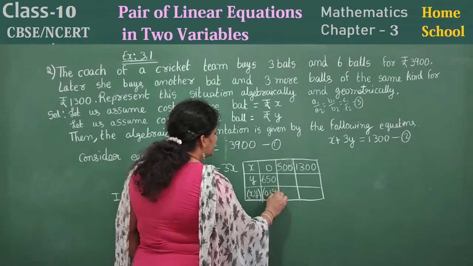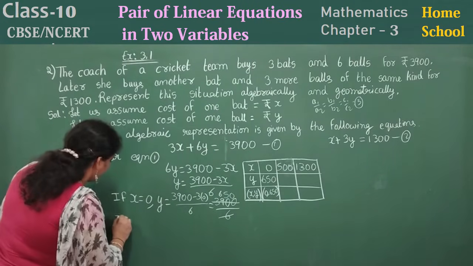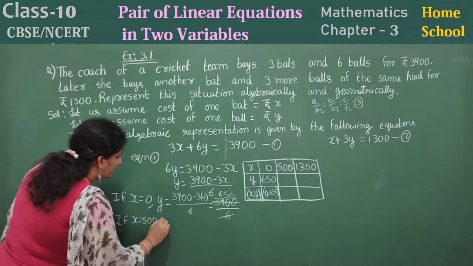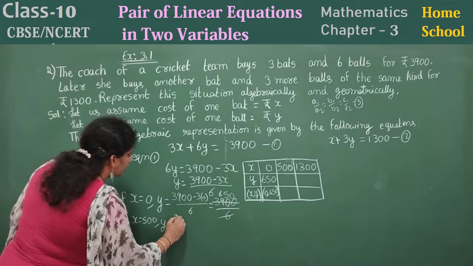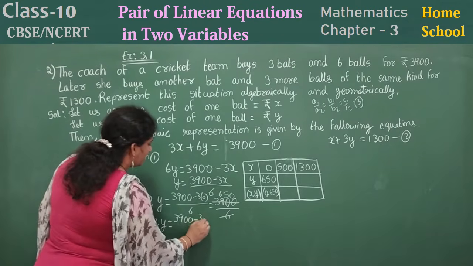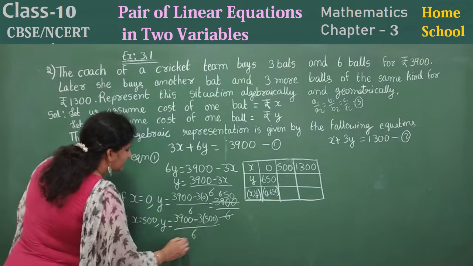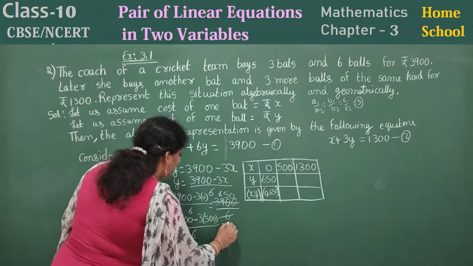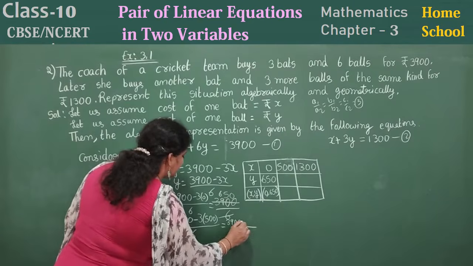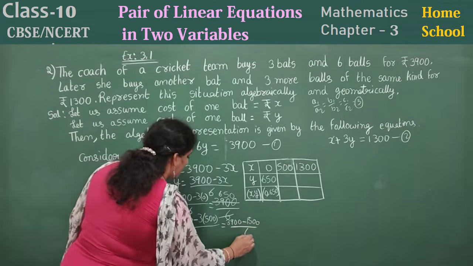Coordinate 0, 650 is your coordinate. Similarly, if x is equal to 500, then y is equal to, substituting 500 in place of x, (3,900 minus 3 into 500) by 6. That will be 3,900 minus 3 fives are 1,500, by 6.